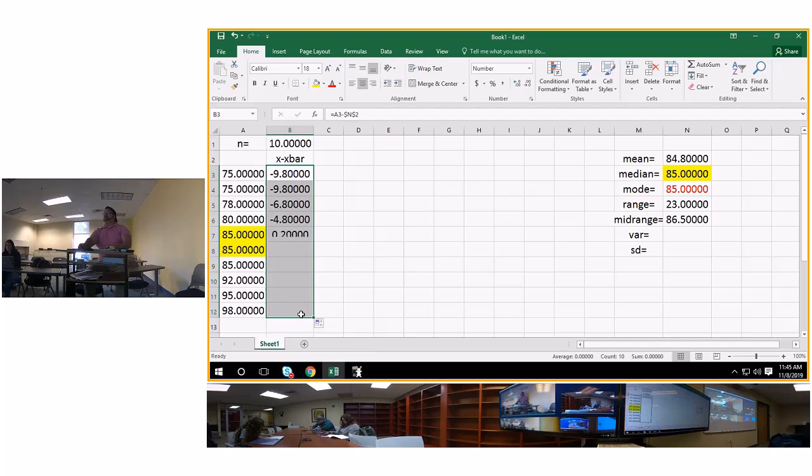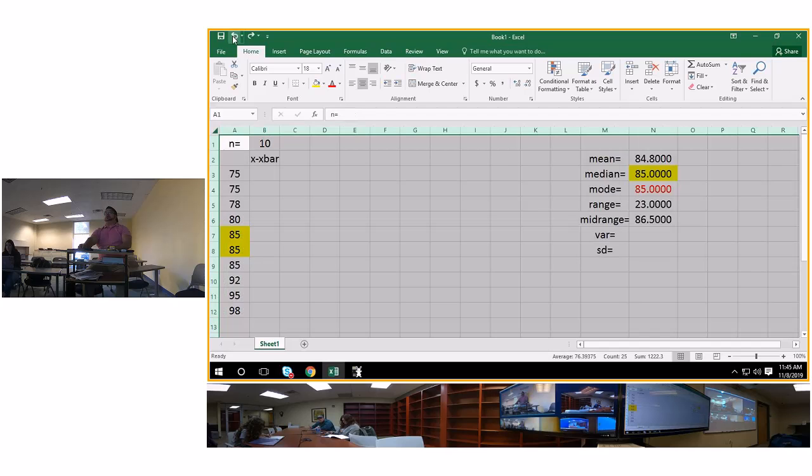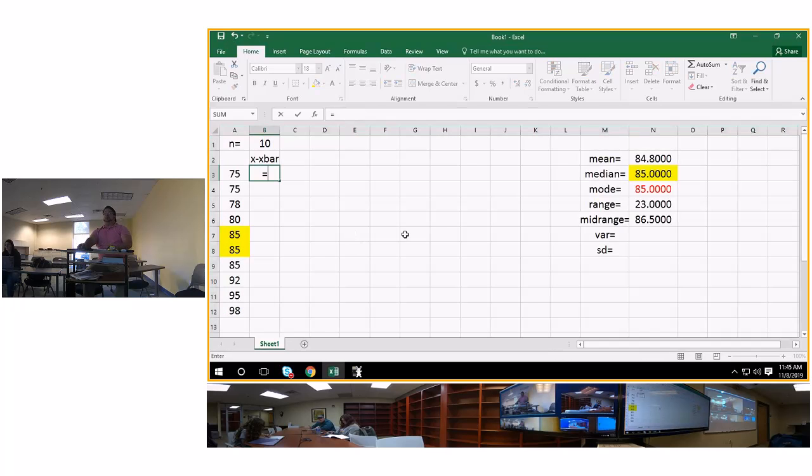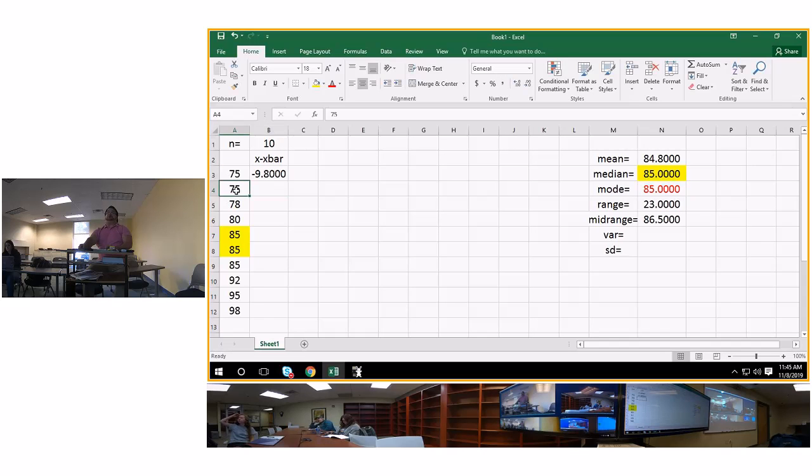What would happen if I didn't lock it? It would give you an error, because when I copy down, it's going to take this number minus that number, this number minus this number, and then you're going to divide by nothing. And what happens when you divide by nothing? You get an error.